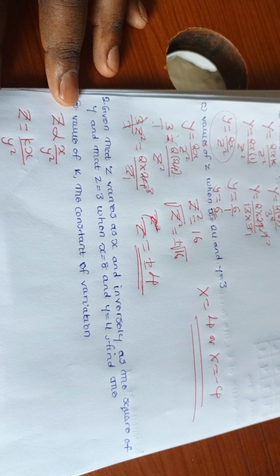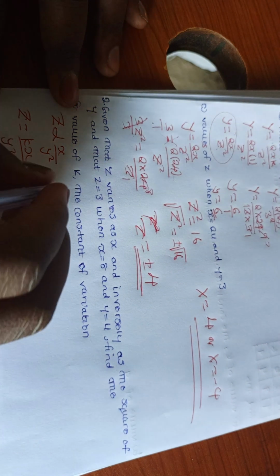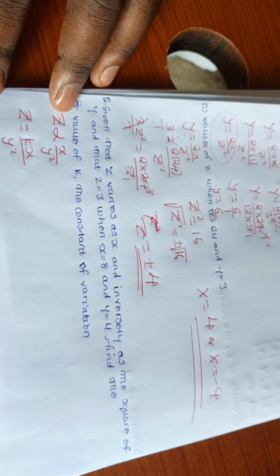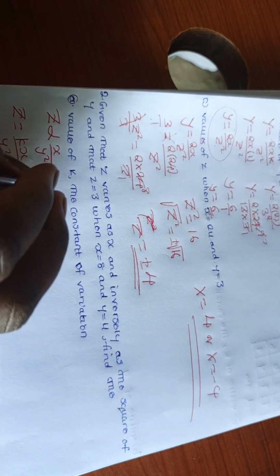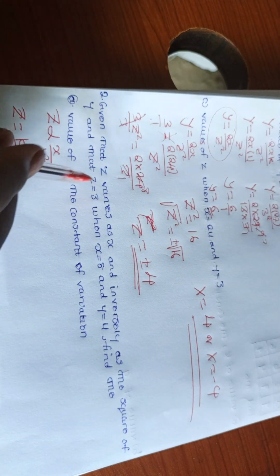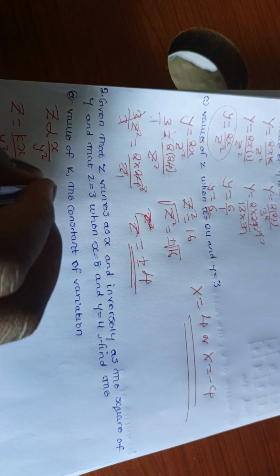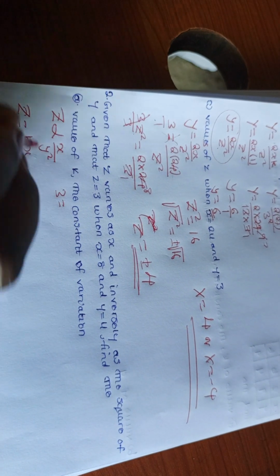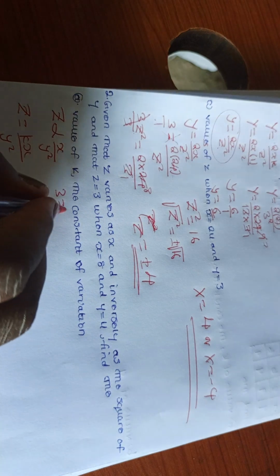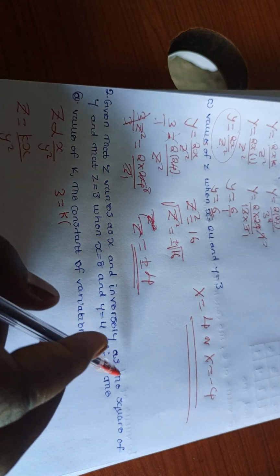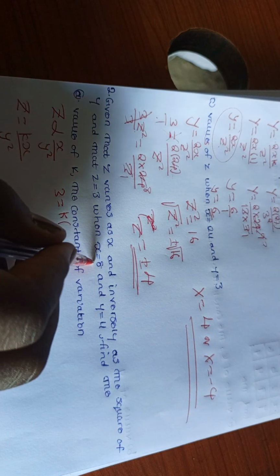So I'm going to use the same procedure. So I'll use the first values given in the question to find the k. So in this case, my z is what? It's 3. So put 3 for the z here. So say 3 is equal to my k. I don't know k yet. My x is what? My x is 8 here.